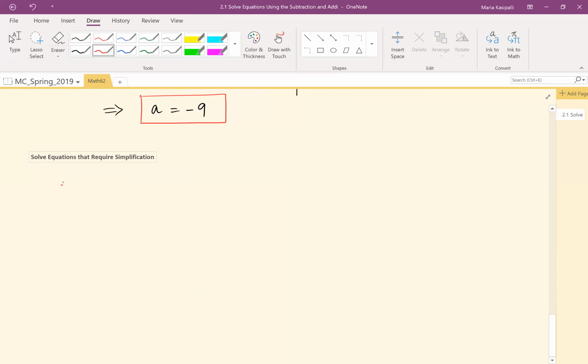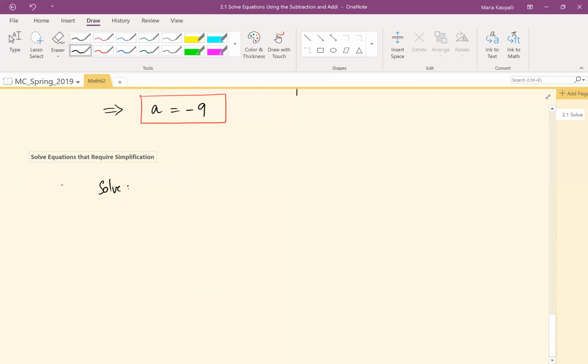This means you might have to use multiple properties in order to answer the question. Now remember that we are not just looking at only whole numbers. You could expect decimals and fractions too. So I'm just trying to break open the concept, and so I'm using simpler numbers.